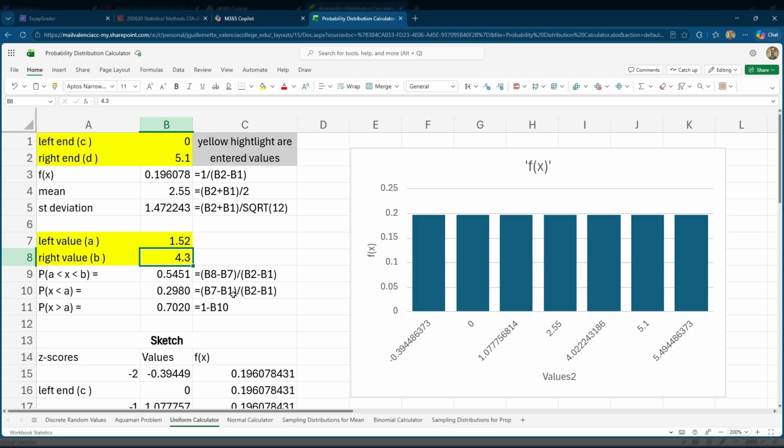That's the width times my height. And my height is this f of x right here, 1 over d minus c. And so that gives me my area to the left. And by the complement rule, 1 minus that area is going to give me my area to the right. So this formula right here is calculating the area to the left, and then 1 minus is calculating the area to the right.